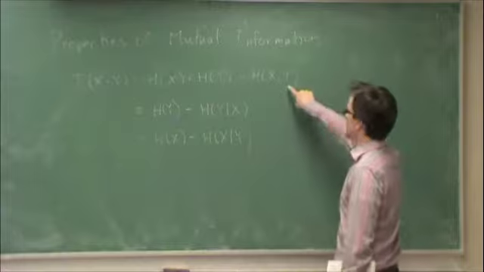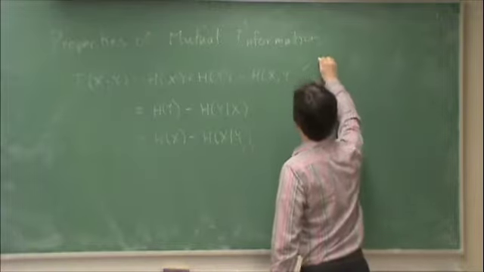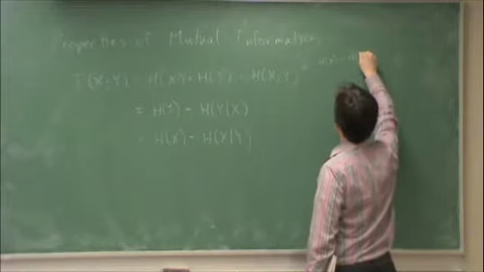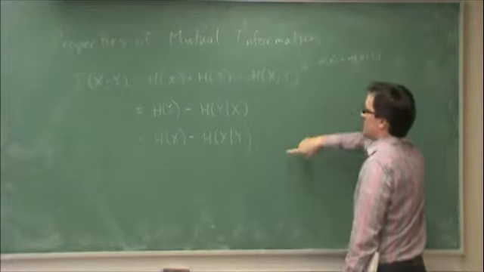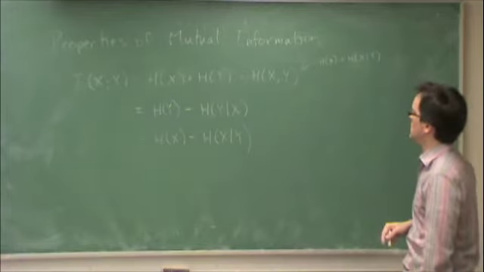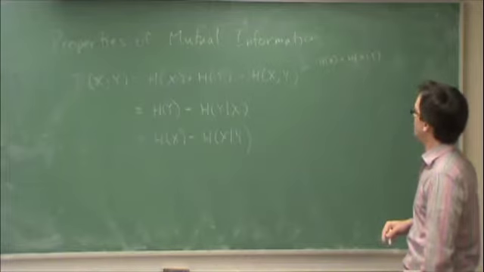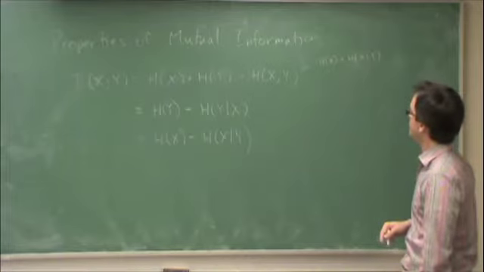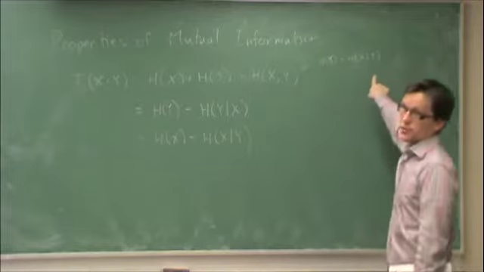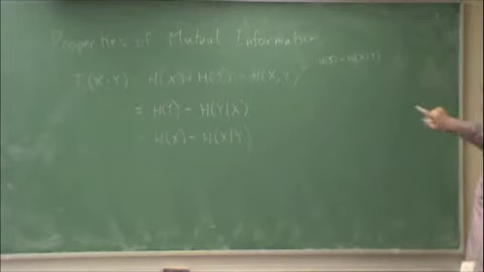I just substitute H of x plus H of x given y, and then I will end up with, excuse me, that's not right. That's H of y plus H of x given y, that's why. That's how the chain rule works.